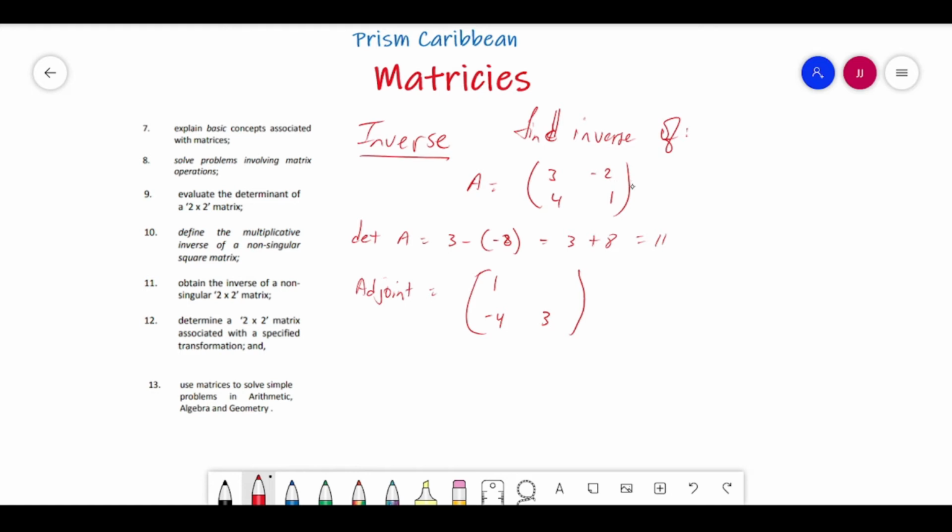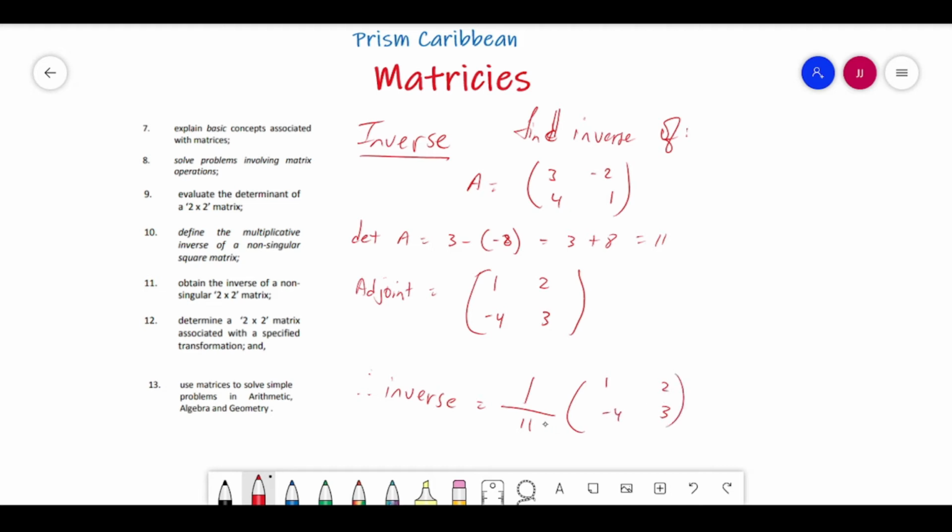So when we multiply the negative 2 by negative 1, because we essentially multiply that diagonal by negative 1, it will be negative 2 by negative 1, which will just be 2, right? So therefore, the inverse is equal to 1 over 11, 1, 3, 2, negative 4.